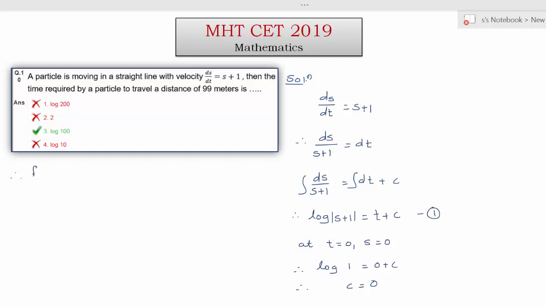Equation 1 becomes log of mod of s plus 1 is t, because c is 0. Now the question says the time required by the particle to travel a distance of 99 meters. So when s is 99, let's calculate t. Log of s plus 1, that is 100, is t. So the answer is log 100.